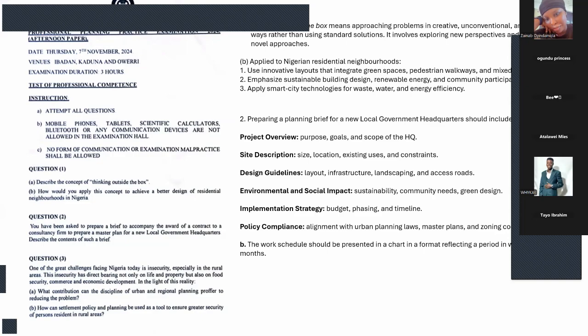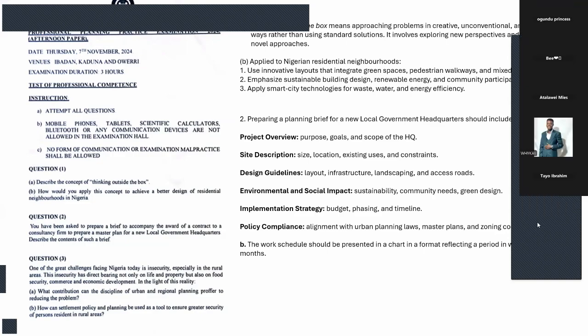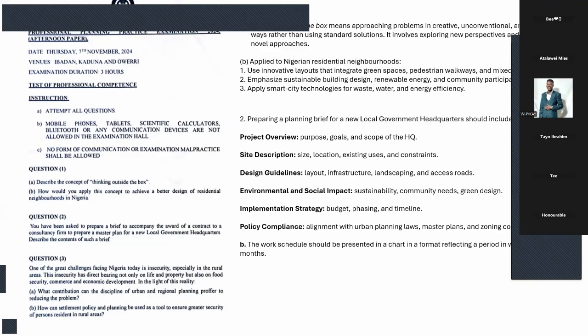Let me give you an example. Maybe some of you have been to Yola, the capital of Adamawa State. There's a roundabout that normally used to amaze me. It is designed in the form of a calabash, with a calabash in the middle of the roundabout.